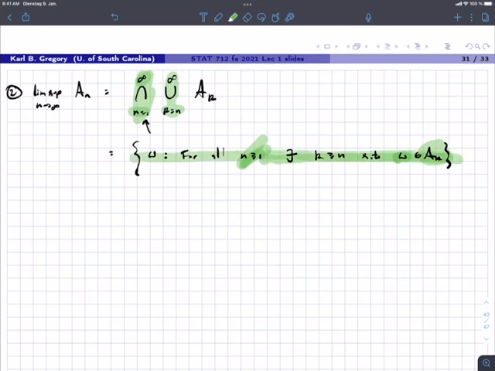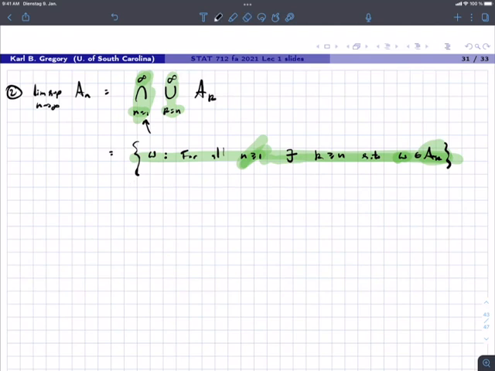So it's all of those omegas. And so we say that this is the set of omega which occurs infinitely often. That's our phrase for this whole thing.